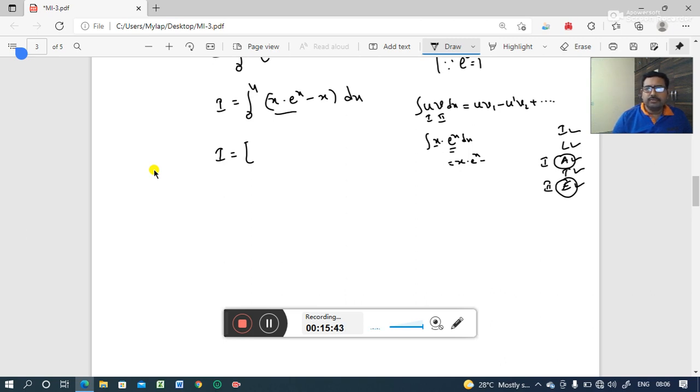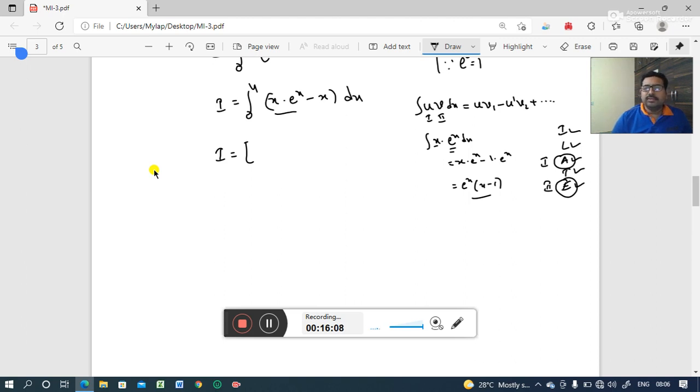Differentiation of x gives 1, and v2 is the integration of v1, so the integration of e power x is again e power x. Taking e power x as common, we get x minus 1.